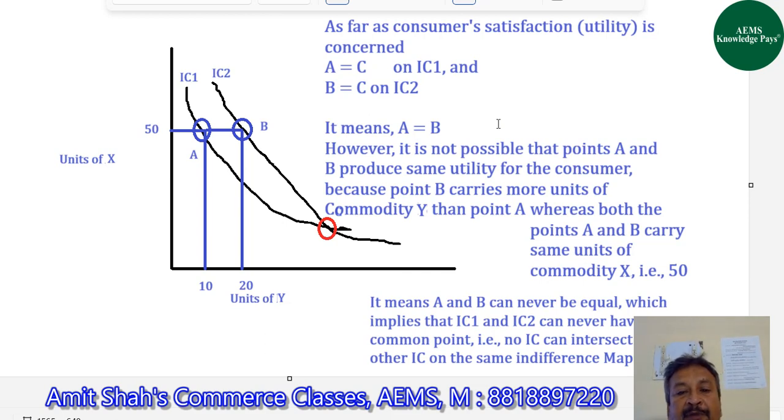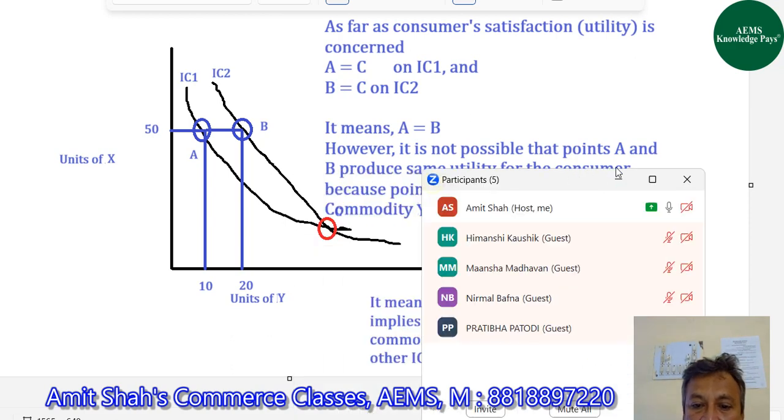Is it point A or point B? Himanshi and Manvi, Mansha joined a little late. I don't know whether she's understanding this or not. So Himanshi and Manvi, which point out of A and B will give more satisfaction to the consumer? Point A or point B?